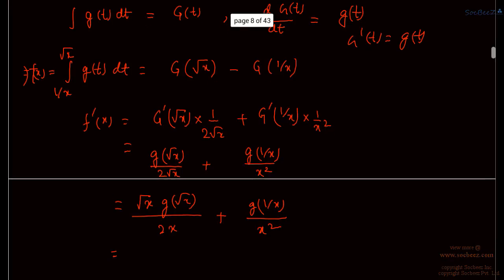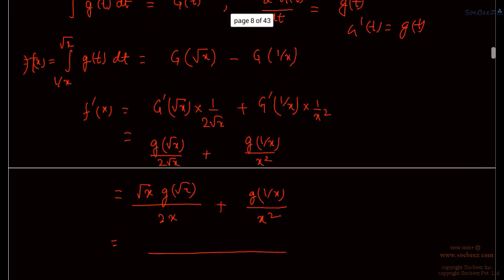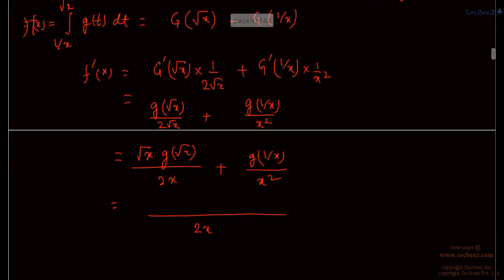Taking 2x square as LCM, we have x root x g of root x plus 2 g of 1 upon x.